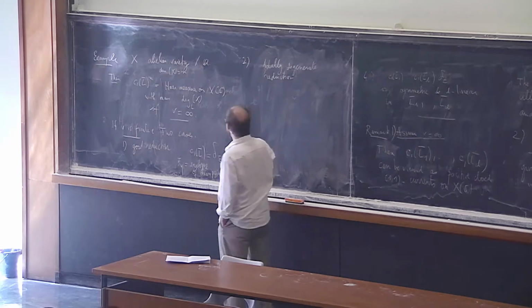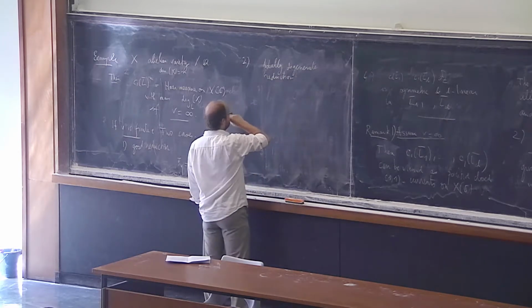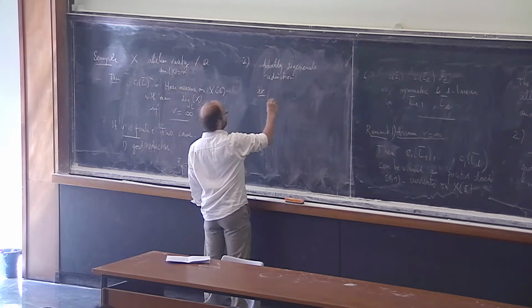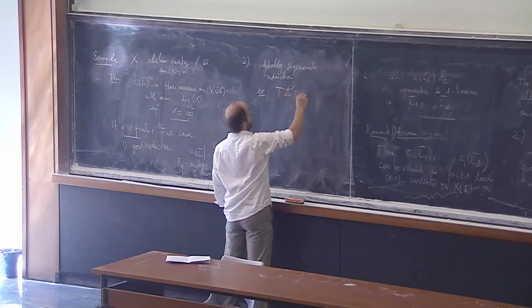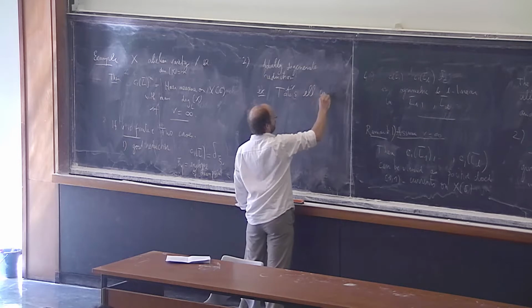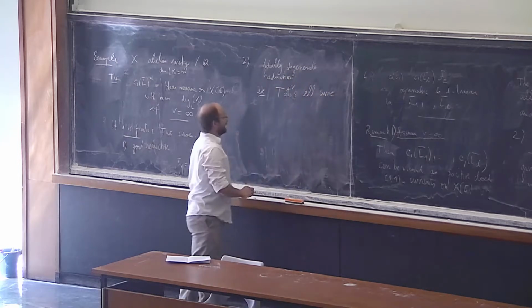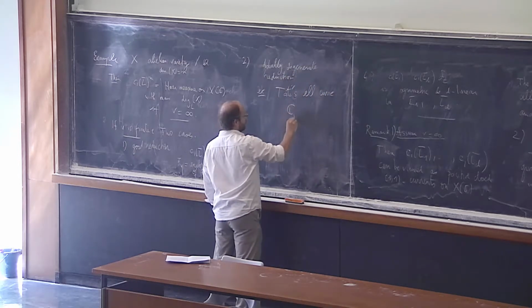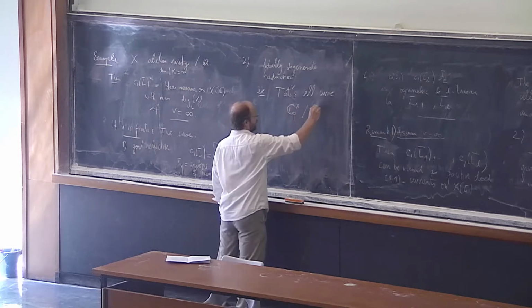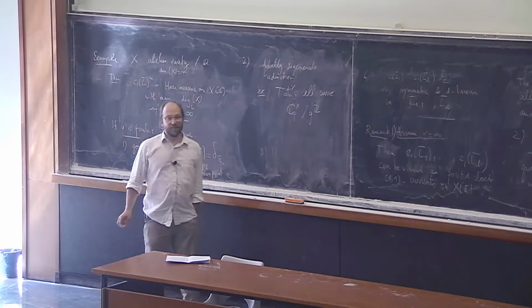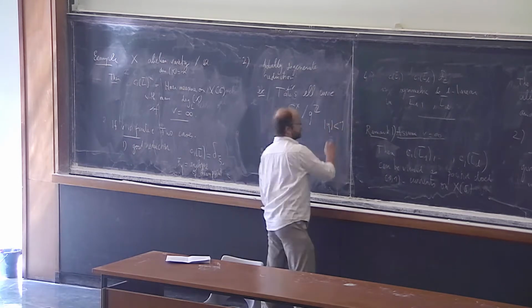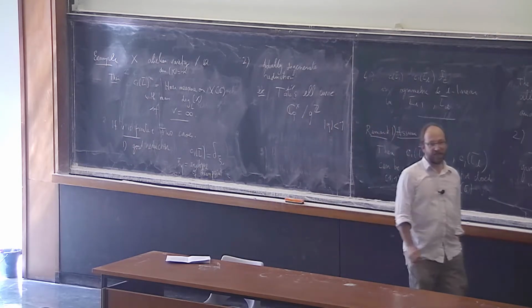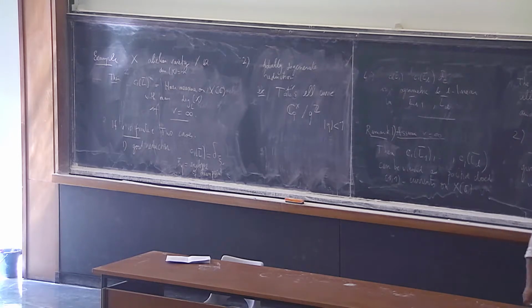And this case corresponds, for example, to Tate's elliptic curve, which is defined usually as C_p^* divided by q^Z, where q is some element of C_p of absolute value strictly smaller than 1.